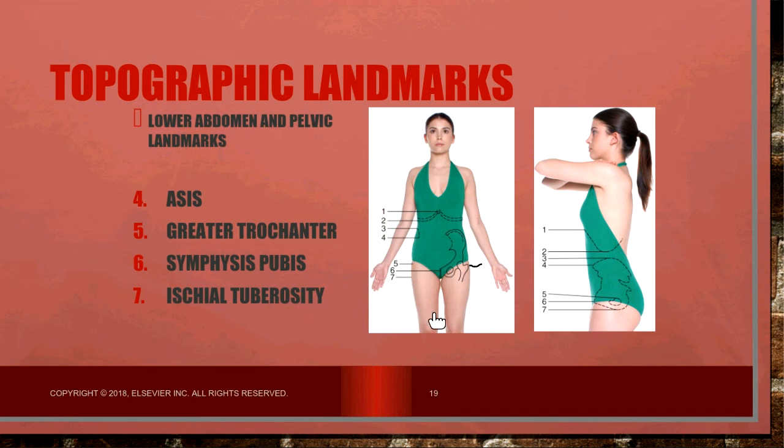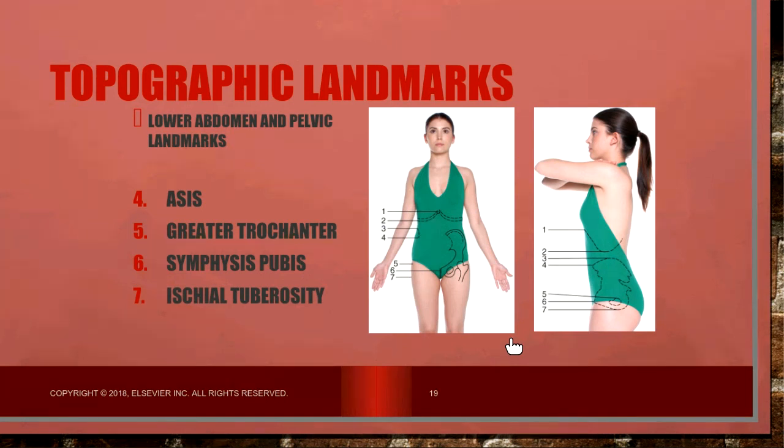And then number seven is the ischial tuberosity, which is on the ischium. It's the lowest portion on the ischium. Like if you were to sit on bleachers and watch a baseball game, and then the next day your rear end is kind of sore because your backside was digging into the bleachers, the things that are actually sore are your ischial tuberosities, and you could use that as a landmark as well.